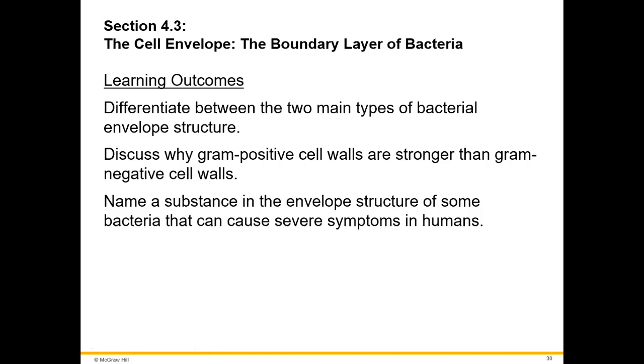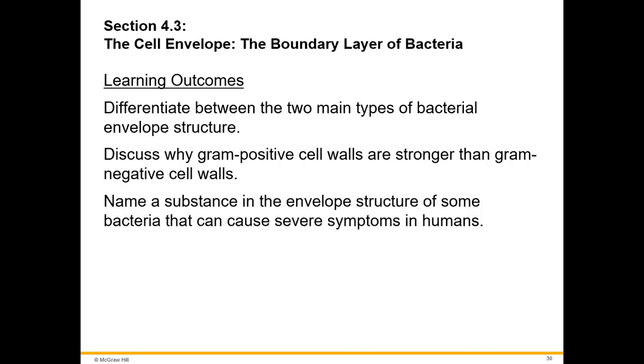Yeah, that's correct. So when you stain them, most bacteria will be either gram-positive or gram-negative. There are exceptions, the mycoplasmas, the bacteria that cause tuberculosis. They have a thick, waxy layer. But most gram-positive bacteria have a thick cell wall.